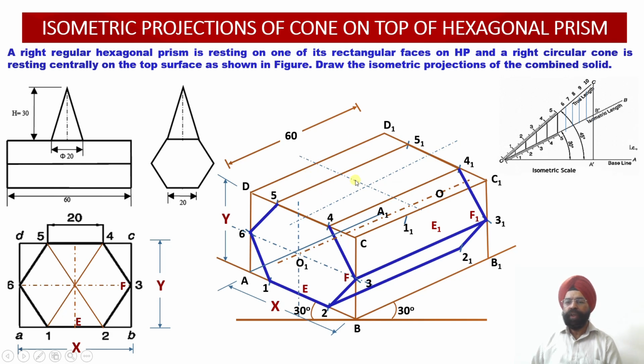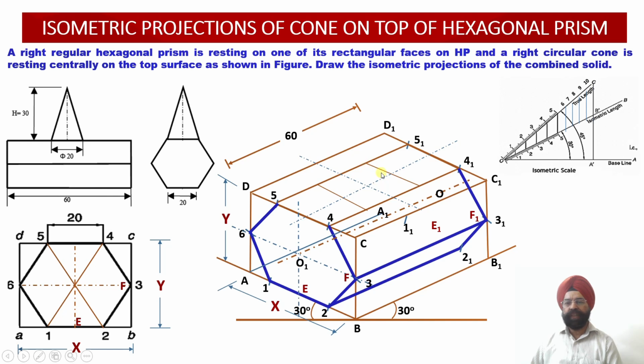Now what I have to do in order to get a square, I will be drawing two projector lines, one on this side, one on this side. So both of these projector lines will have an offset of 10 millimeter from this axis line.